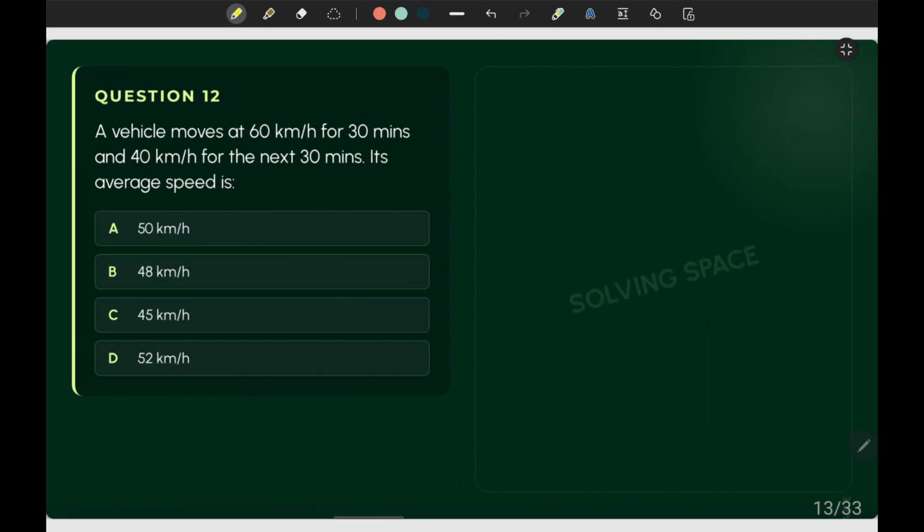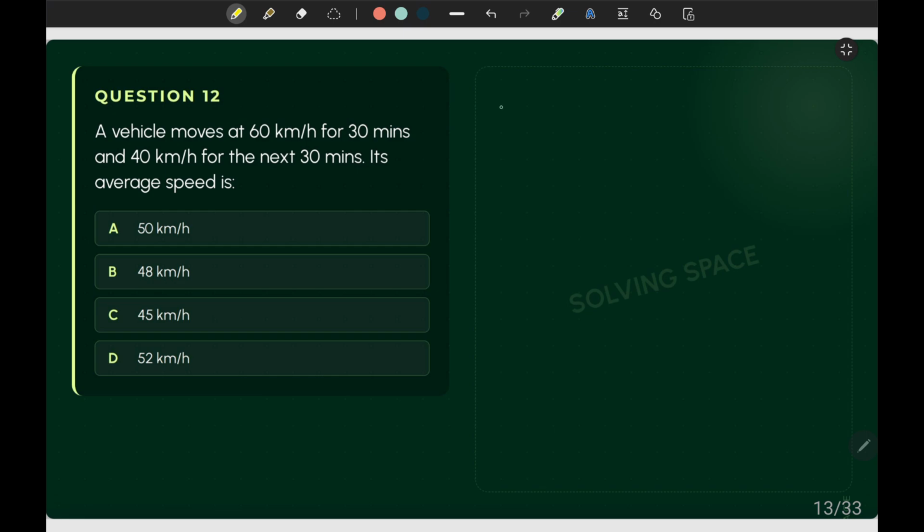Question number 12. Average speed. A vehicle moves at 60 km per hour for 30 minutes and 40 km per hour for the next 30 minutes. We need to calculate the average speed. How do we calculate the average speed?